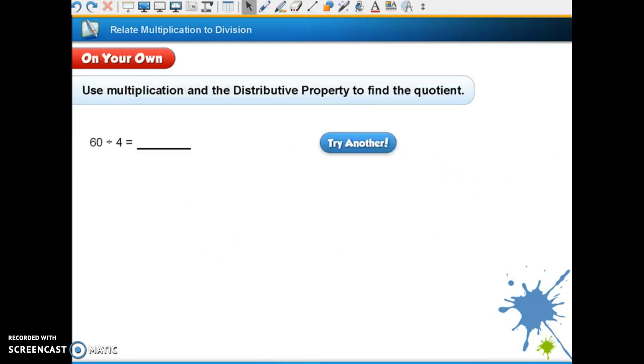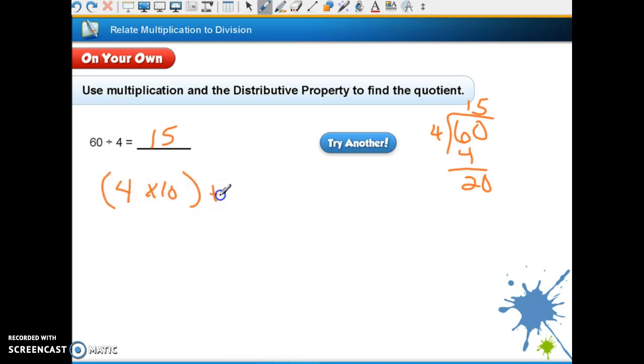Okay, so now we're on page 37, and we're on number 5 on your own. 60 divided by 4, and you can go over to the side and do that. 60 divided by 4 goes in there once, with 20 left over, so it's 15. Now, if you want to use your distributive property, you can say 4 times 10 plus 4 times 5.